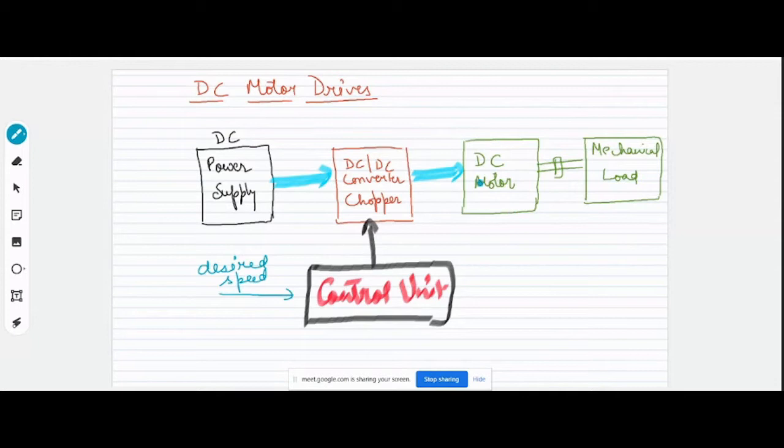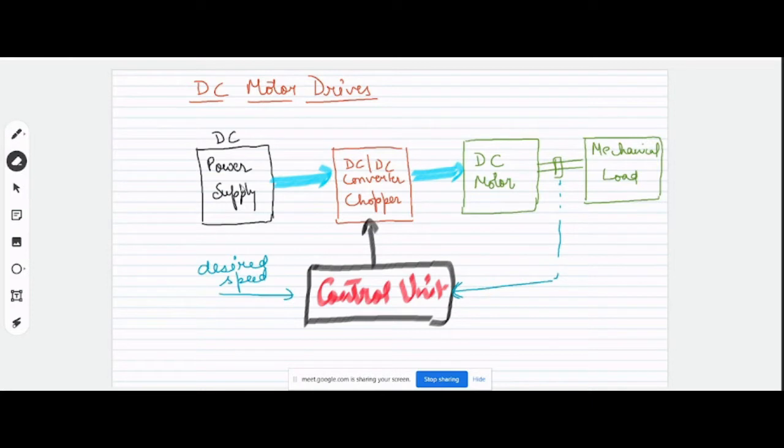And to make it more robust, we'll make it a closed loop drive. So this could be a simple DC motor drive if your available supply is DC.